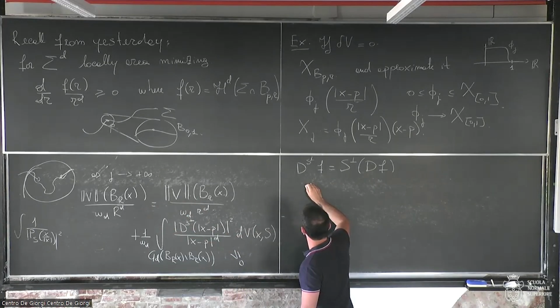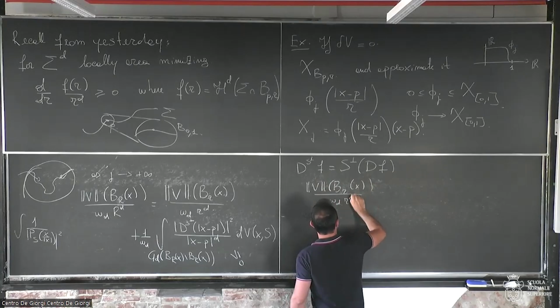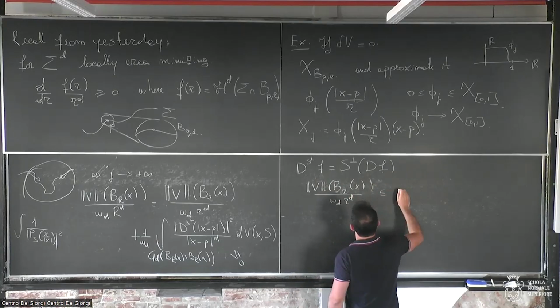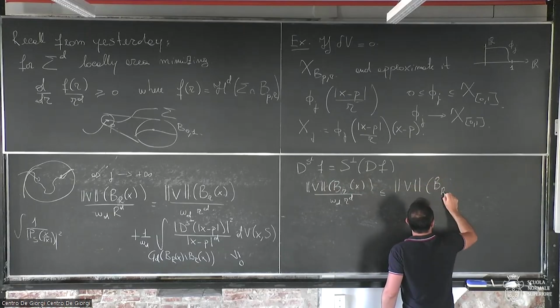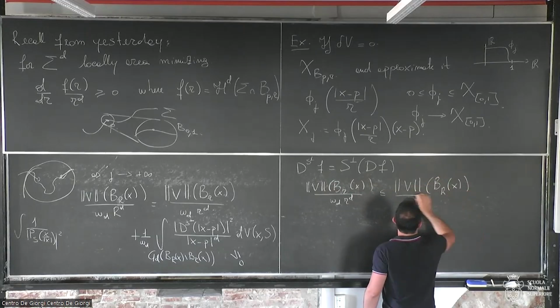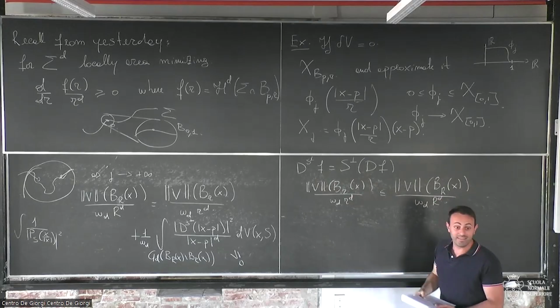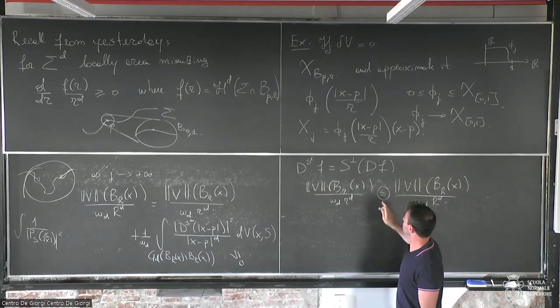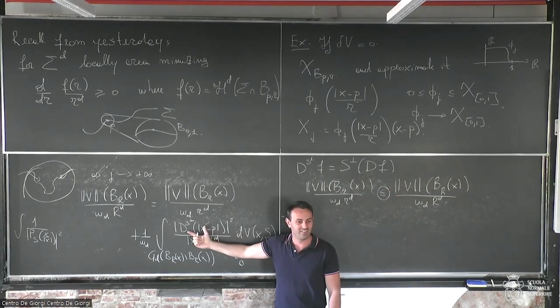So this gives you that the mass in the ball of radius little r, so the density ratio, sorry, is less or equal than the density ratio in the ball of radius capital R. Okay? But here, this inequality will be saturated when this guy is 0.